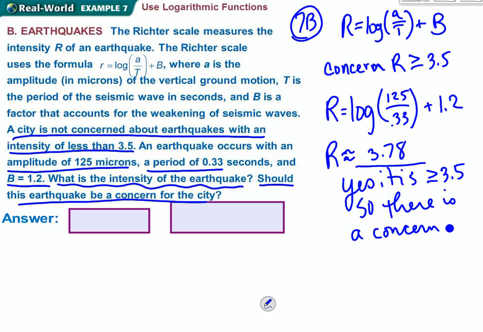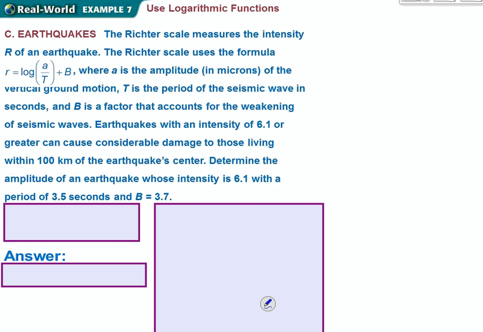Now, our next problem involves an equation where we'll have R and we have to find one of those other variables. And I'm going to give you two ways to be able to do this. So this is the same equation again. So 7c: R equals the log of, in parentheses, A over capital T, plus capital B. And then here's where the new stuff is.